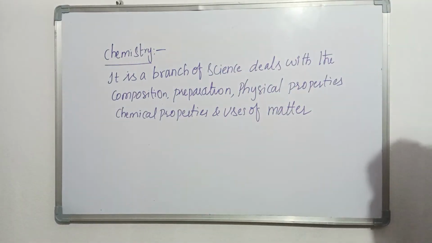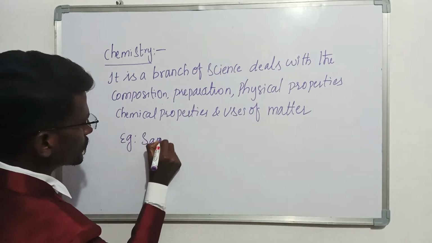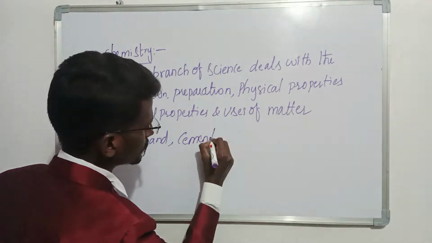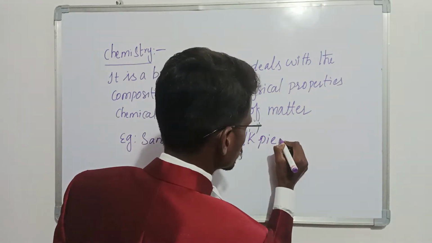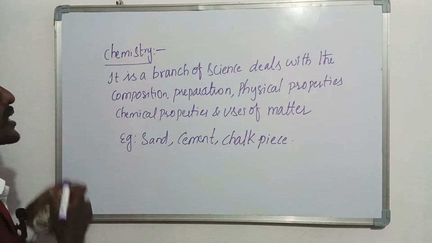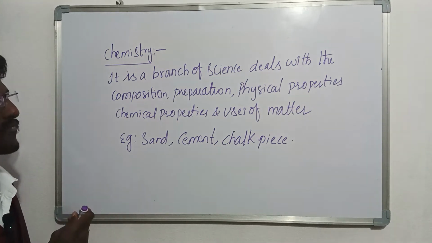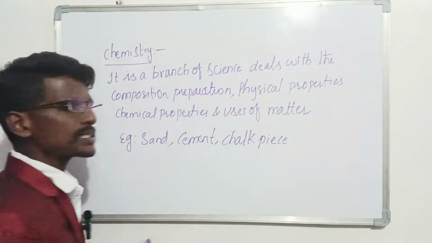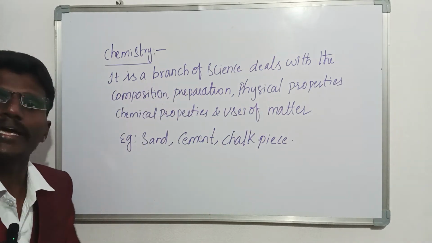For example, sand, cement, chalk piece, etc. These are matter. It means chemistry is a branch of science that deals with the composition, preparation, physical properties, chemical properties and uses of matter around us.